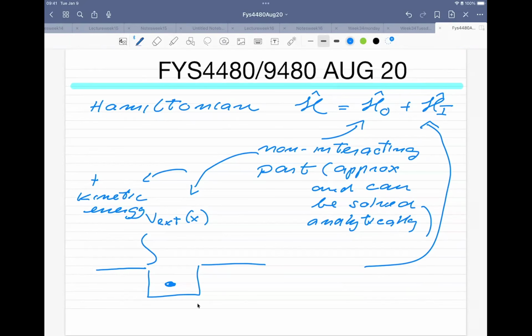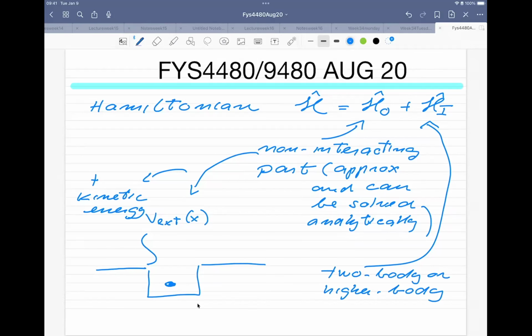Now, the interaction part is normally given by a two-body or more complicated interactions. So this is normally given by two-body interactions, and this is two-body or higher body interactions. So bodies are not corpses here. These are objects, particles in our case.